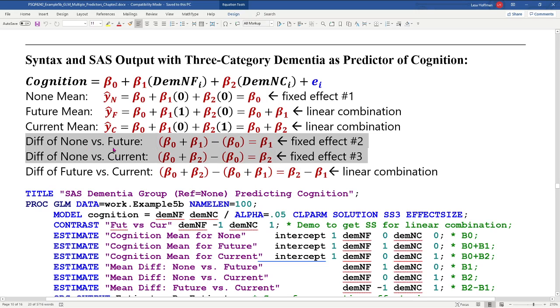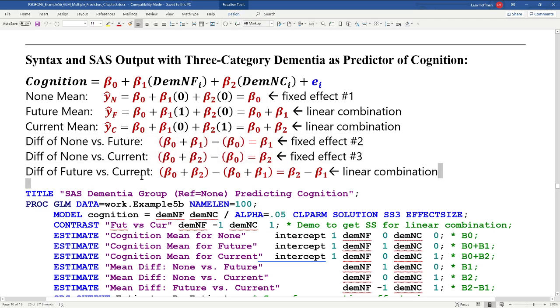So for none versus future, we take how the model finds the mean for future, which is beta 0 plus beta 1, and subtract from it how the model finds the none mean, which is just beta 0. Beta 0 drops out, and you're left with beta 1. Same idea for the current group.